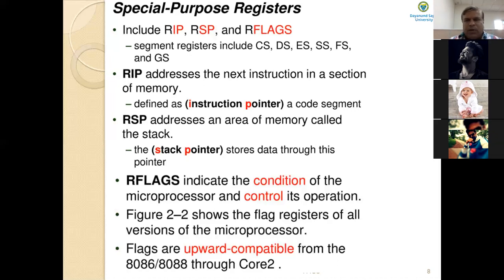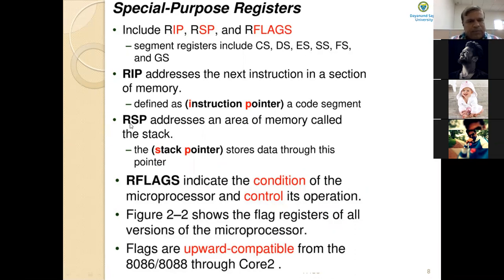We'll discuss what these segments are later. All the program codes or instructions are stored in the code segment. So this RIP addresses the next instruction in a section of memory defined as the code segment. The instruction pointer simply points to the address of the next instruction.